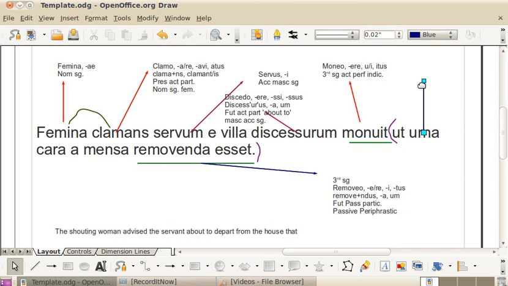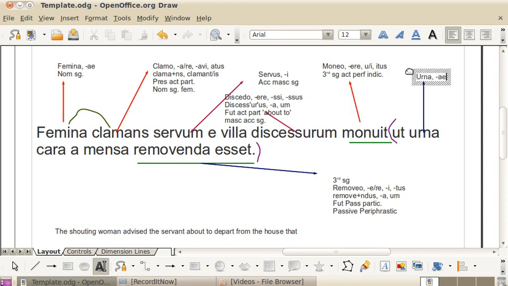So let's look at urna here. Urna, our first word in the sentence, comes from urna, urnae. This is a first declension noun in the feminine, and the A gives us our nominative or ablative singular forms. Since we're looking for a feminine nominative singular, and urna does satisfy these requirements, I think it's fair to understand urna as the subject. So nominative feminine singular, it's just right there so we don't forget.